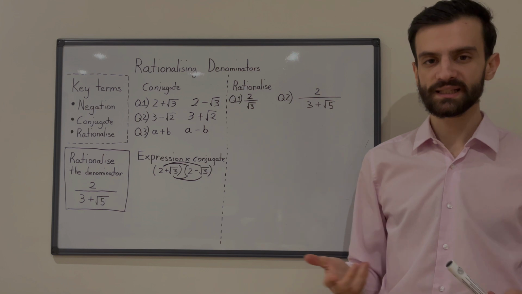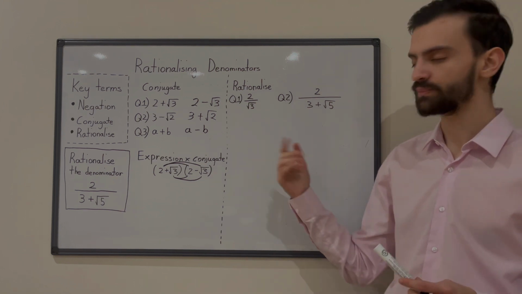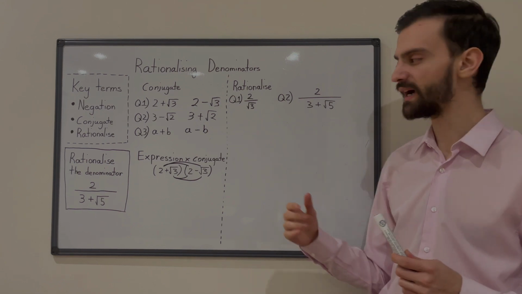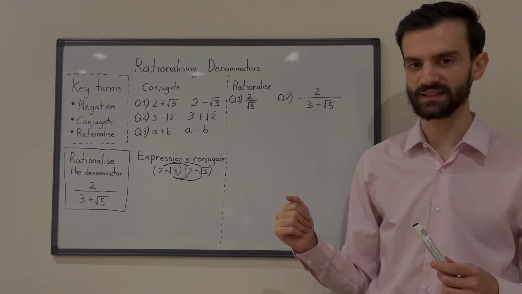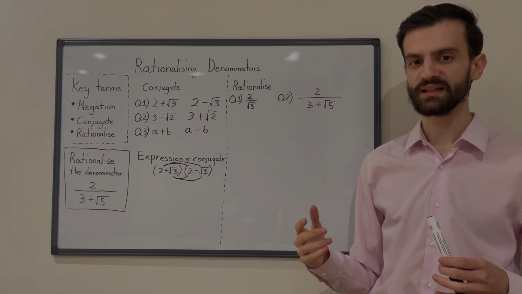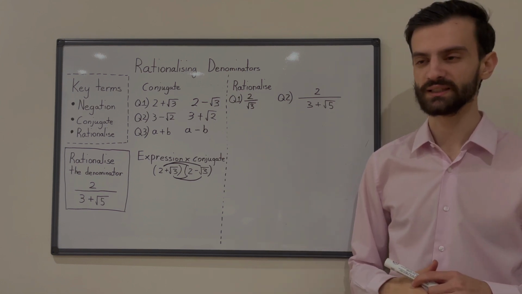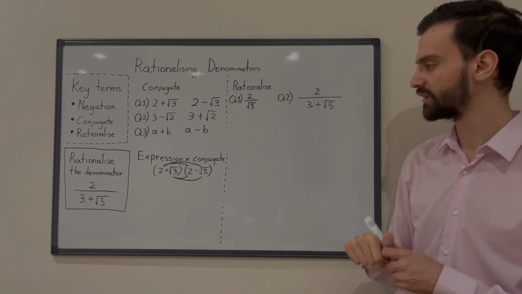Now, an interesting thing that can come from an expression multiplied by its conjugate is that if you have a square root inside that expression, then multiplying it by its conjugate will get rid of that square root. And I'll show that in this working out.